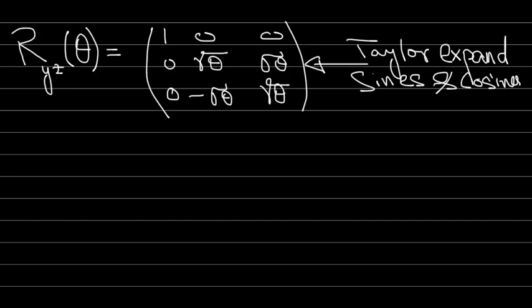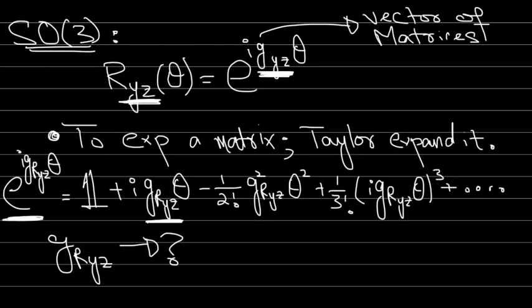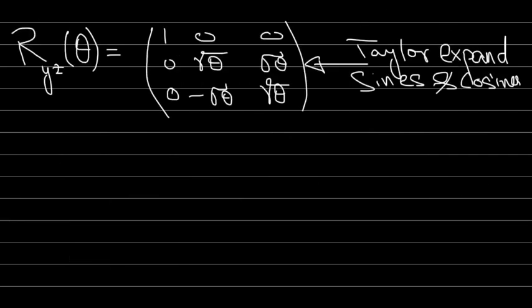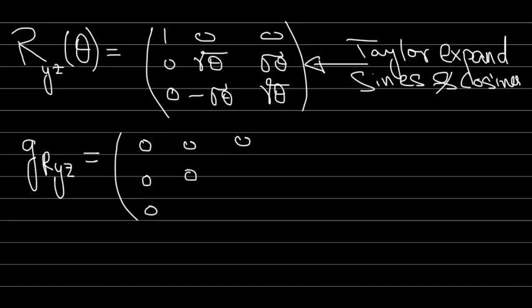When we do that, we can simply compare it with this exponential equation over here, and by that comparison G_ryz is simply equal to 0 0 0 0 0 0 minus iota and 0, right?